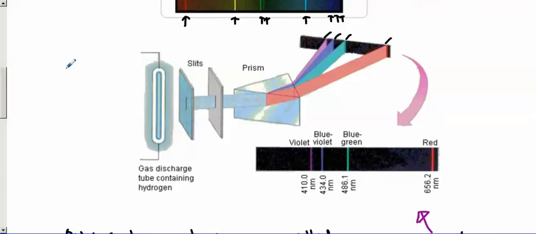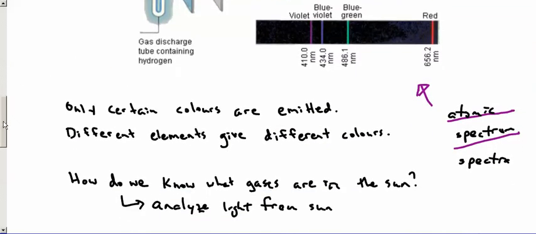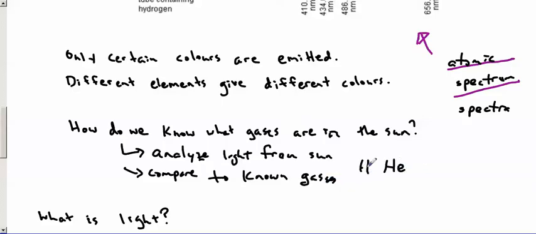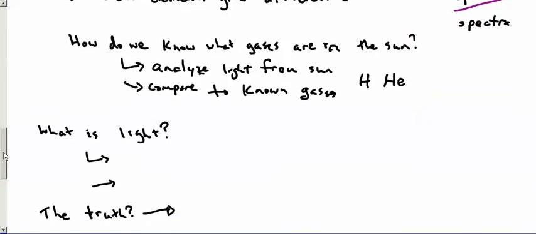They take the light coming from the sun, they spread it, they see exactly what wavelengths of light there are, and then they compare to known gases. And that's how we know that the sun has hydrogen in it and helium in it. When we analyze the light from the sun, we see the exact same bands as in hydrogen and the exact same bands as in helium.